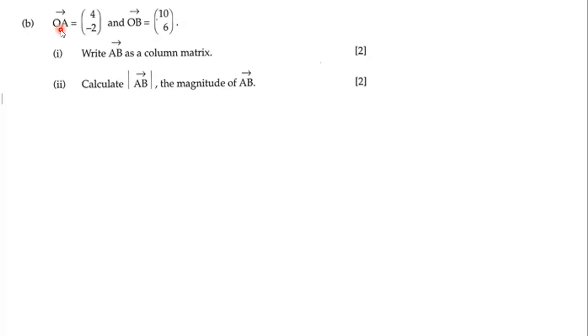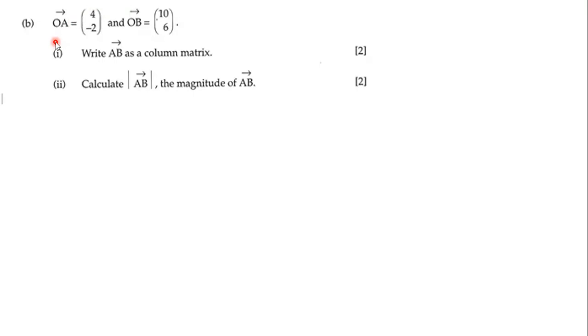Notice OA, O meaning the origin, this particular vector starts at the origin and ends at the point A. And so this vector OA is a column vector because it is written in column form. So we have the 4 on top and a -2 at the bottom. And so we have this position vector, or we can also call it a column vector.